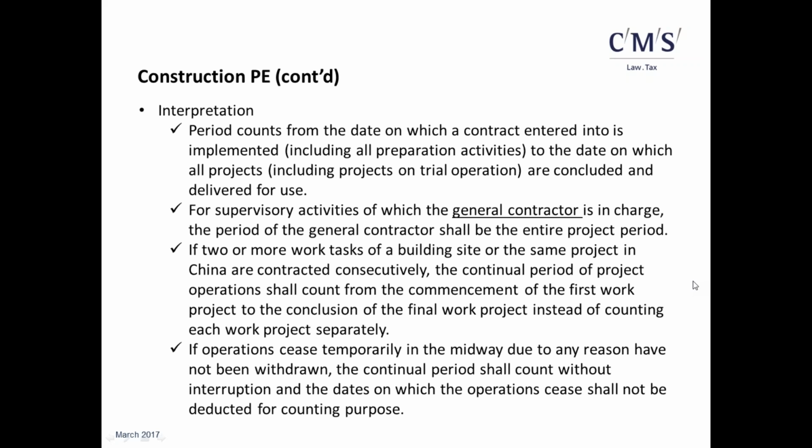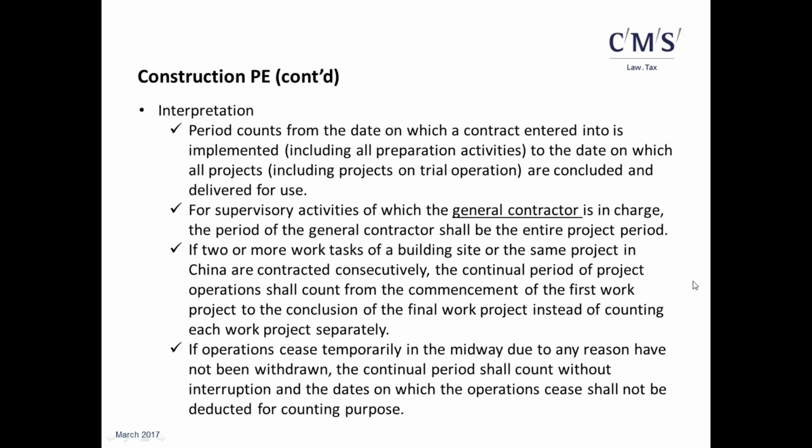And if two or more work tasks of a building site or the same project in China are contracted consecutively, the continual period of project operations shall count from the commencement of the first work project to the conclusion of the final work project, instead of counting each work project separately. Let's have an example.